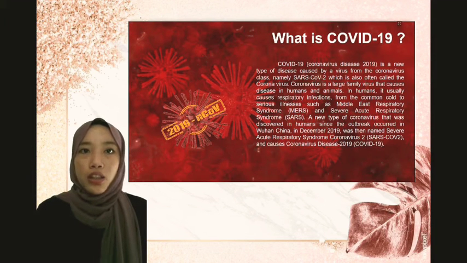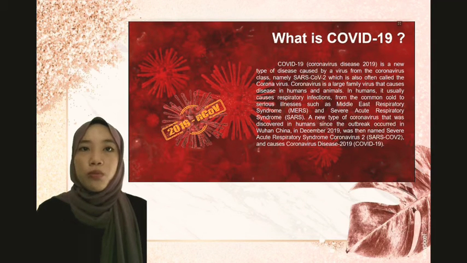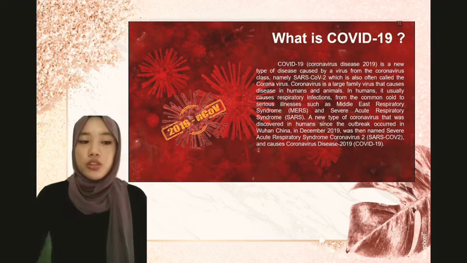What is COVID-19? COVID-19 is a disease caused by a virus from the coronavirus class, namely SARS-CoV-2. It is also often called the coronavirus. Coronavirus is a large family of viruses that causes disease in humans and animals. In humans, it causes respiratory infections from the common cold to serious illnesses such as severe acute respiratory syndrome.